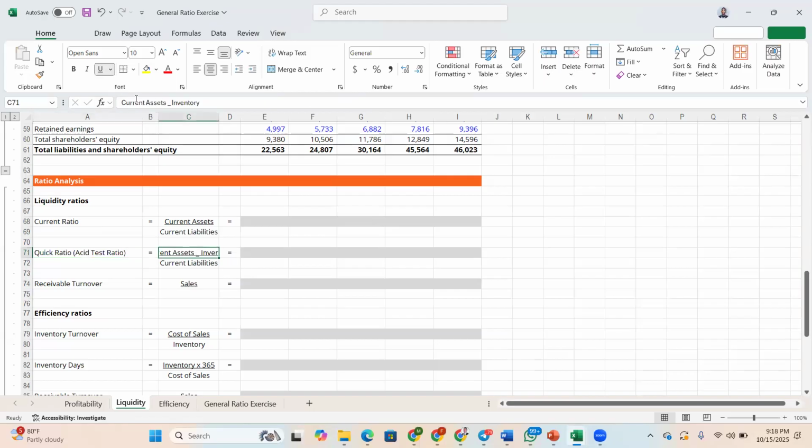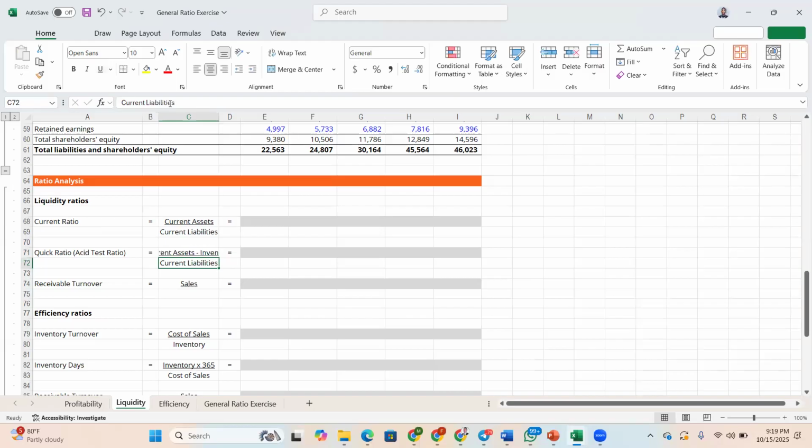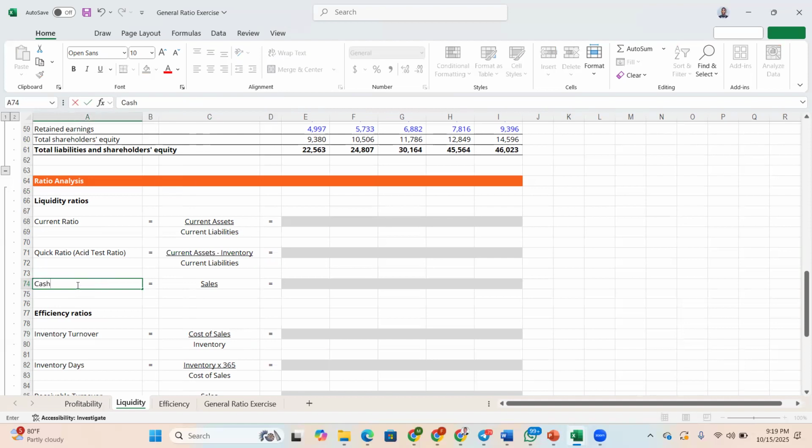Current assets minus inventory, divided by current liabilities. Then the last one is our cash ratio.